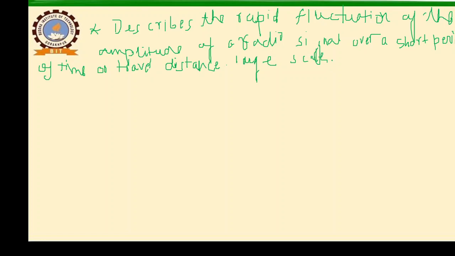Large scale path loss effects may be ignored.